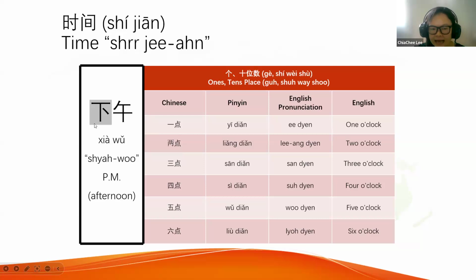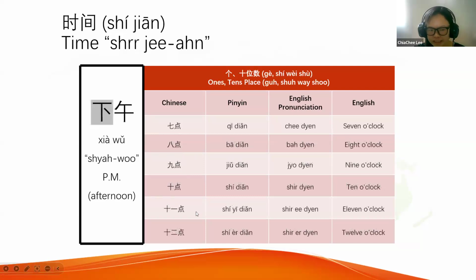So we have 下午1点、下午2点、下午3点 all the way up till 下午11点, 11 p.m. Because we know that the p.m. will stop by 11:59 and then the 12 will become midnight. Then the circle will come back to 上午, which means a.m.